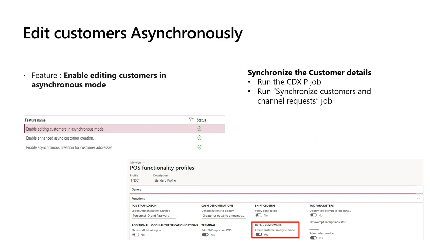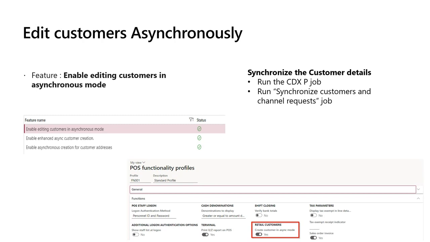When dual write is enabled, whenever a POS user creates or edits a customer, or an e-commerce user tries to sign up, a synchronized call is triggered to headquarters, and a dual write operation is initiated. POS users or e-commerce users need to wait until we complete the dual write operation to receive an acknowledgement.